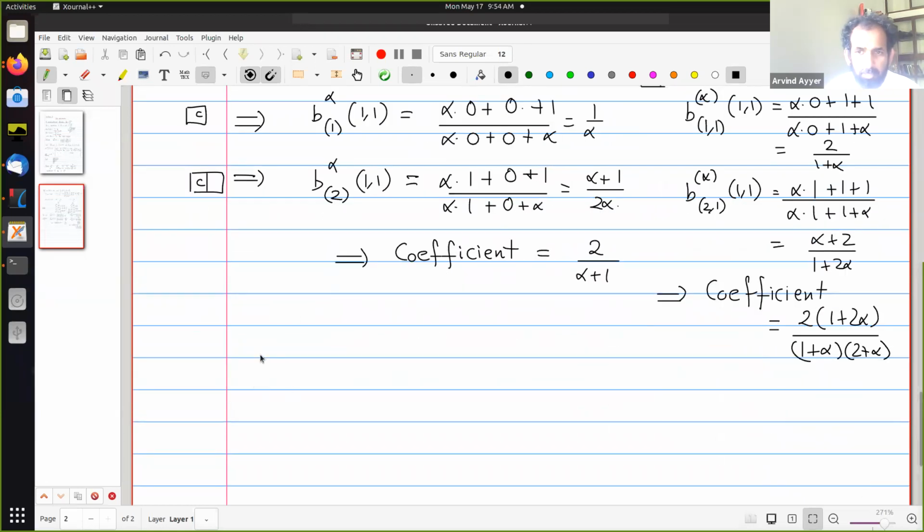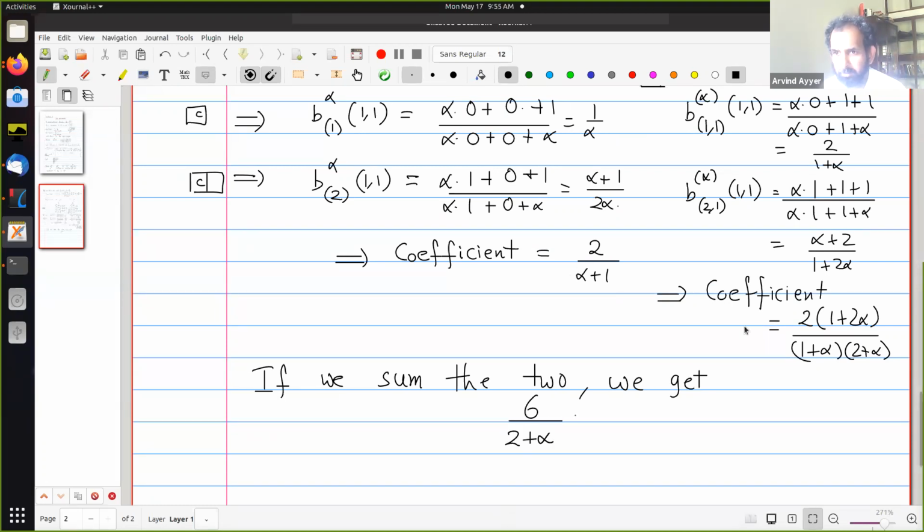And if you sum the two, you notice that 1 plus alpha is common, but when you add the two, that will actually cancel, and you will get 6 by 2 plus alpha.